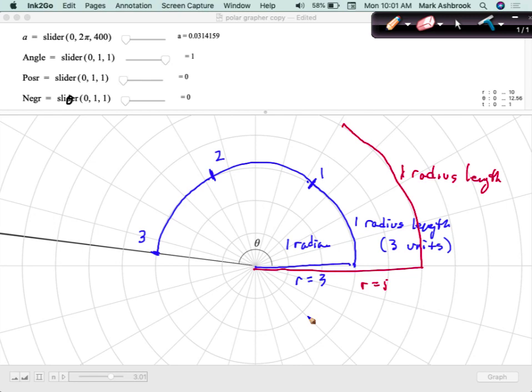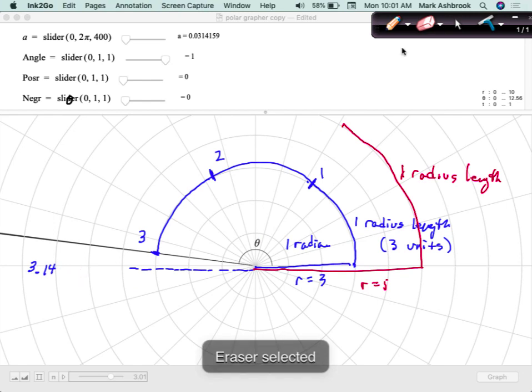Almost. So to get halfway around, you need to go a little bit further than 3. How many radius lengths does it take to go exactly halfway around? 3.14. There's only 1 point. 3.14159, etc.